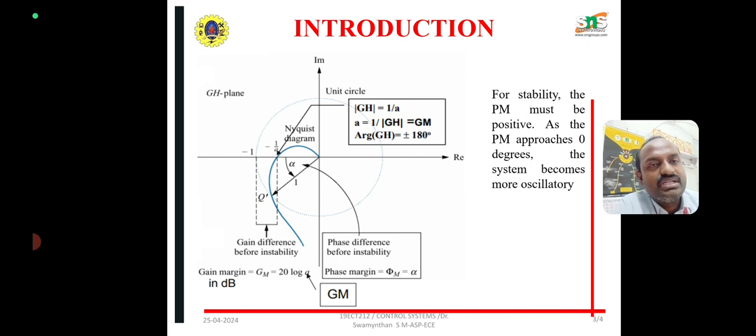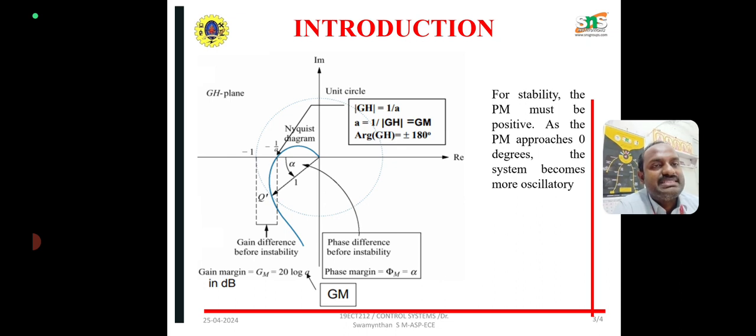On the left-hand side, look at this -1 by A, because it is drawn at -1 by A, that is reversed to this side. Again, the gain difference before the instability is the difference between -1 by A and -1. Again you just draw the angle, called alpha. The gain margin is 20 log A in dB. So you can get the phase difference before instability, called the phase margin phi m, equal to alpha.